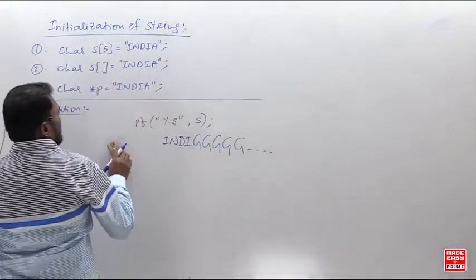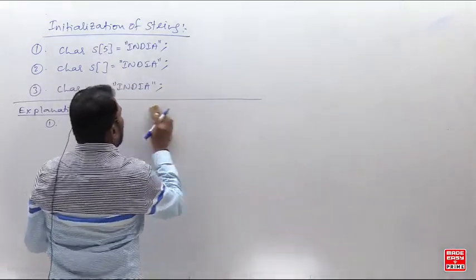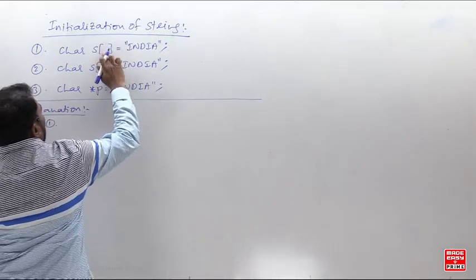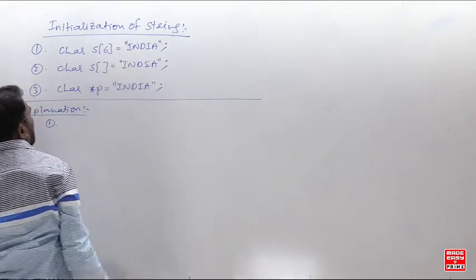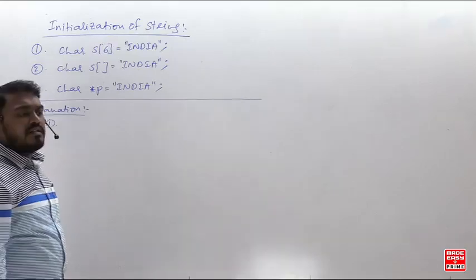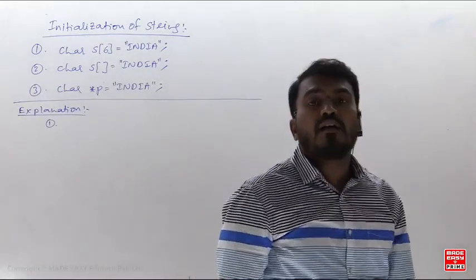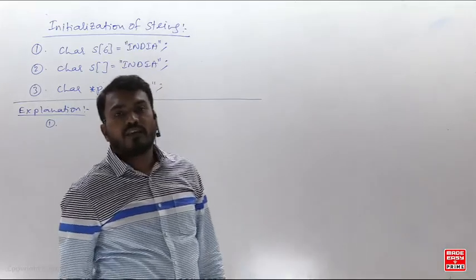So that is the reason. Even though you want to store 5 characters, you have to declare the size as 6. Is that clear? What is the explanation? Explicitly we need to provide the size for the null character.